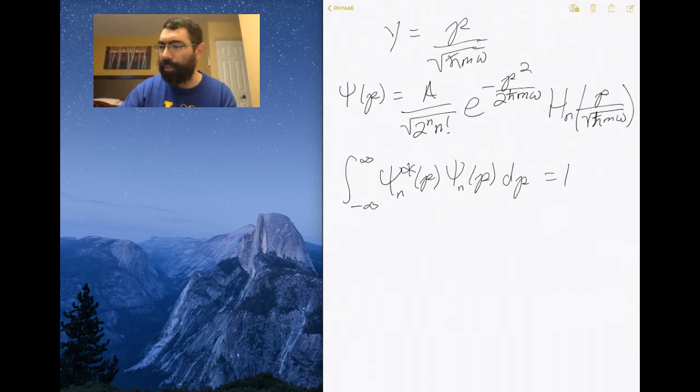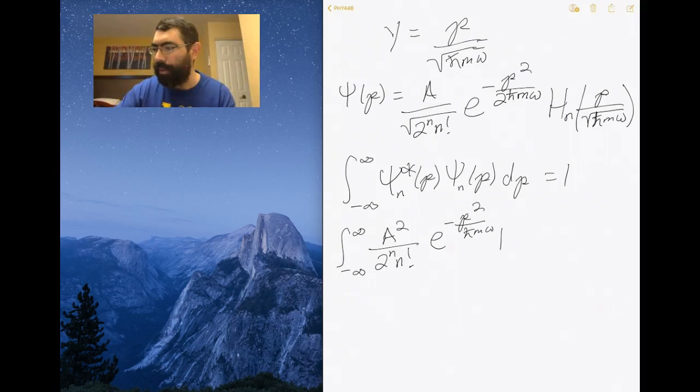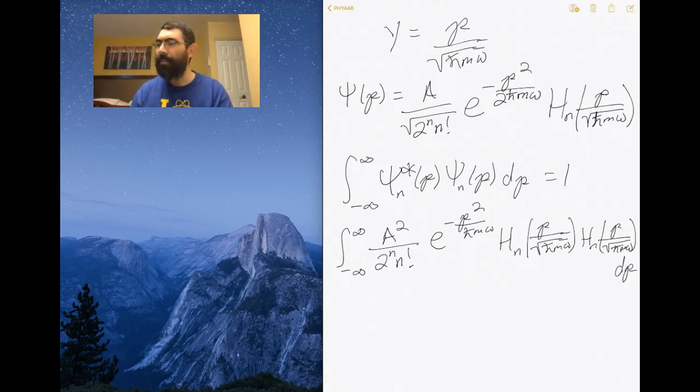Okay, so if we put this in, what we get is A squared over 2 to the power n factorial, e to the minus p squared over h bar m omega, the Hermite polynomials squared, dp. So we have to integrate over momentum now as opposed to position.